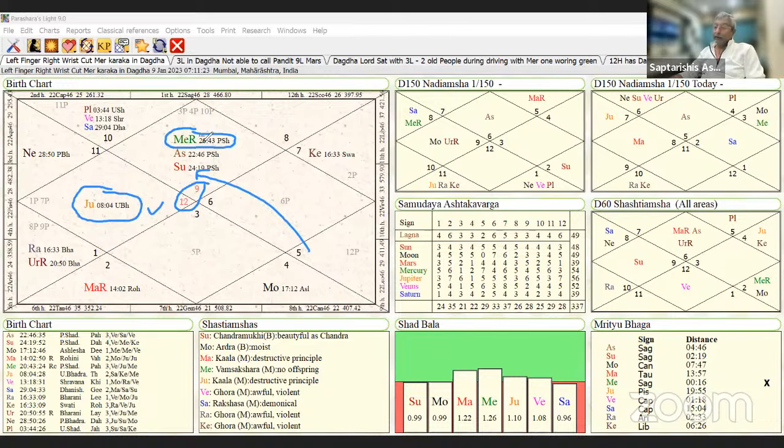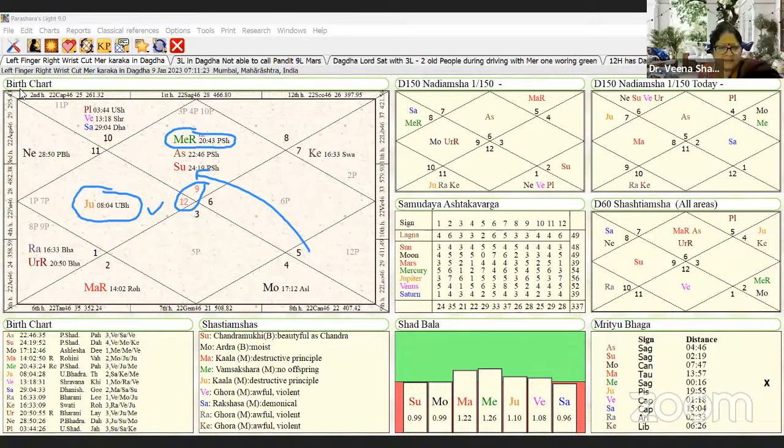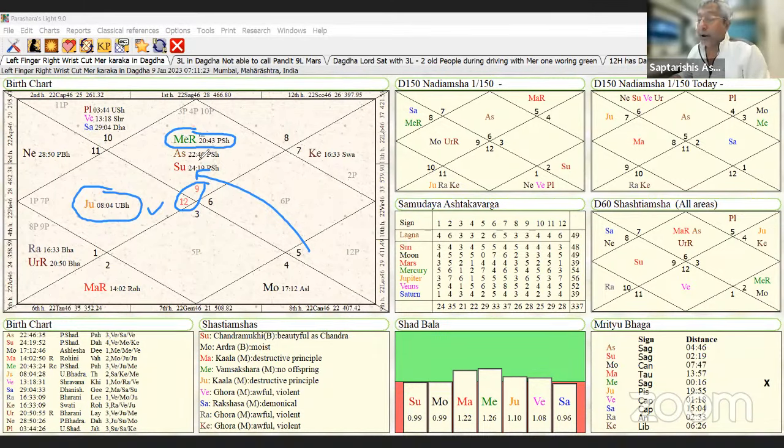I cut my wrist and my finger. What have I written? Right wrist, left finger, and right wrist. Why, sir? Because Mercury retrograde is in a Dagdha Rashi, that too in Lagna.